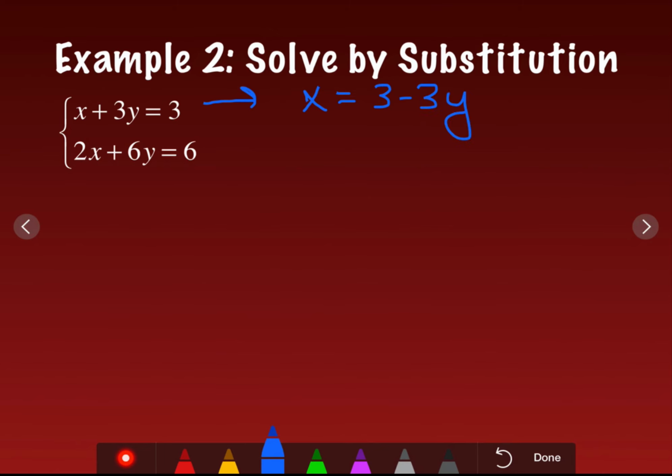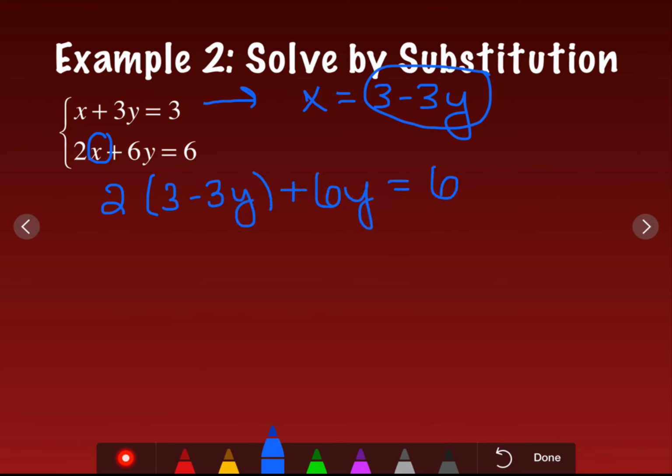So again, I can substitute 3 minus 3y into the x in the bottom equation. So 2 times 3 minus 3y plus 6y is equal to 6. I'm going to solve this equation. 6 minus 6y plus 6y is equal to 6. And I end up with 6 equals 6.